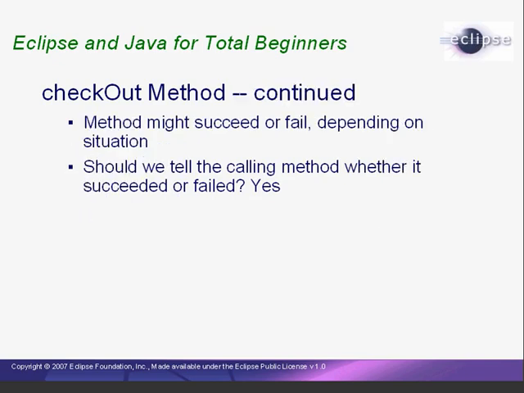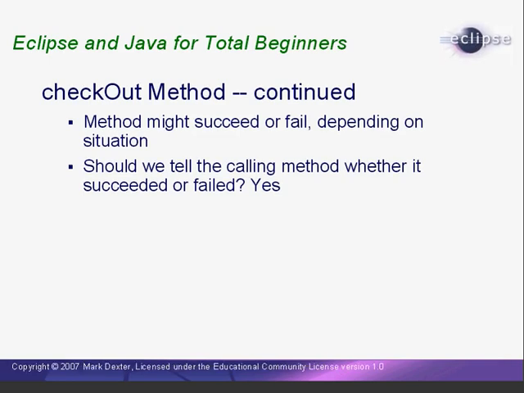Okay, so we've decided that the checkout will fail if the book is already checked out. Since it might fail, should we let the method that is calling the checkout method know whether or not the checkout succeeded? And again, we'll decide yes, we need to do this. So let's write down the steps we need the checkout method to do.